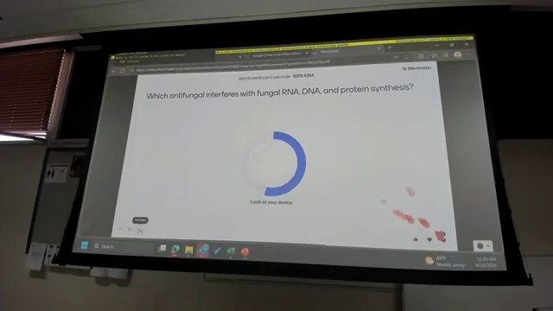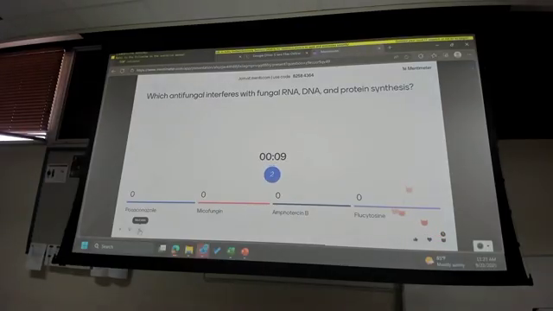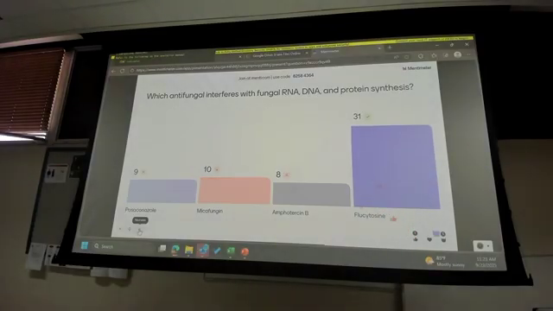All right, which antifungal interferes with fungal RNA, DNA, and protein synthesis? We're not going to use this one as monotherapy unless we're last line with Candida UTI. Yes, flucytosine.